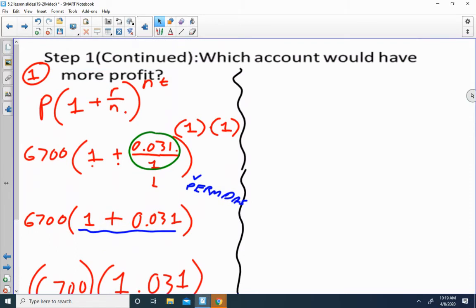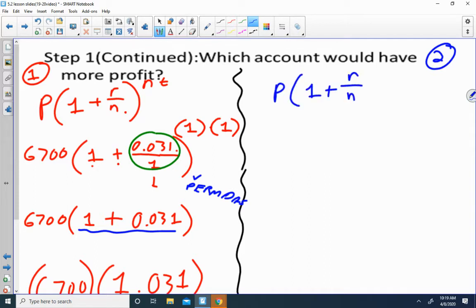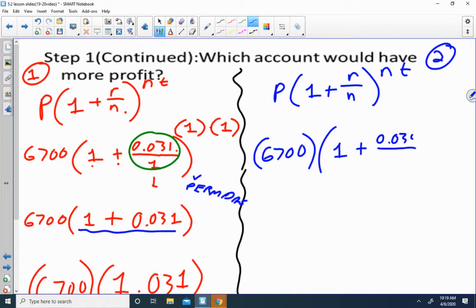All right, now I have to do account 2 on this side. Again, I still have to use the formula: P times (1 plus R over N) to the power of N times T. First, 6,700, multiplied by 1 plus the rate, where the rate was 0.035.